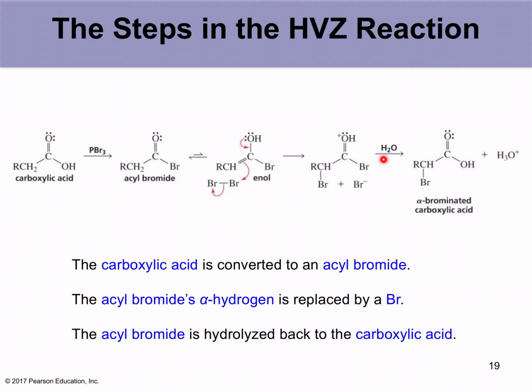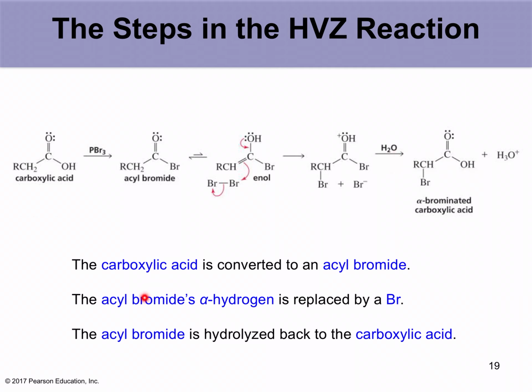When you add water, what's going to happen? Water will grab this hydrogen, and then now you have an alpha brominated carboxylic acid. So if you want to brominate or halogenate the alpha carbon of a carboxylic acid, you can think of doing the HVZ reaction. Reacting with PBr3 and bromine, and then in the second step adding water.